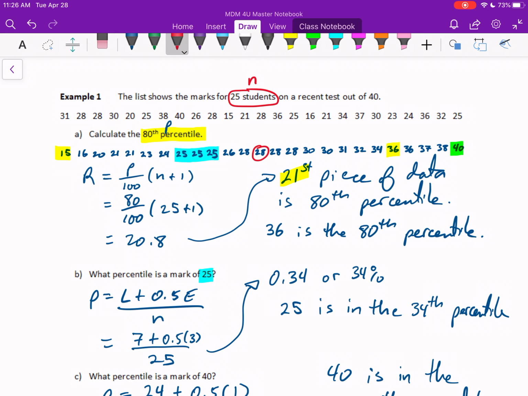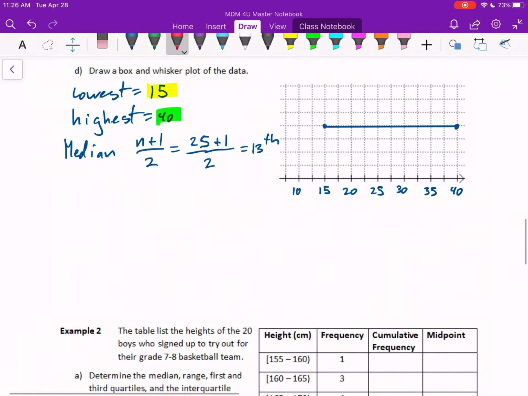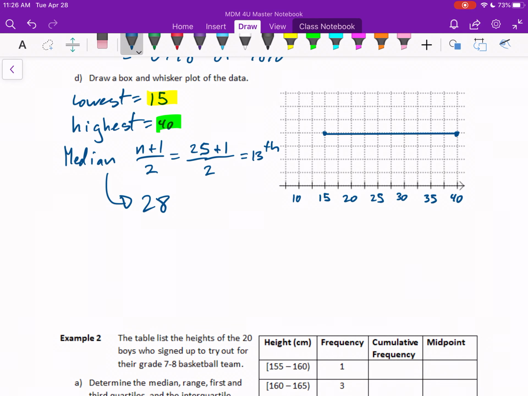It's going to have 12 numbers to the left of it, 12 numbers to the right of it. All right, so that's my median. I can mark that on here. So 28 on my grid would go just about here. If this line just to the left of it would be 27.5, then 28 would be about here. That's my median.